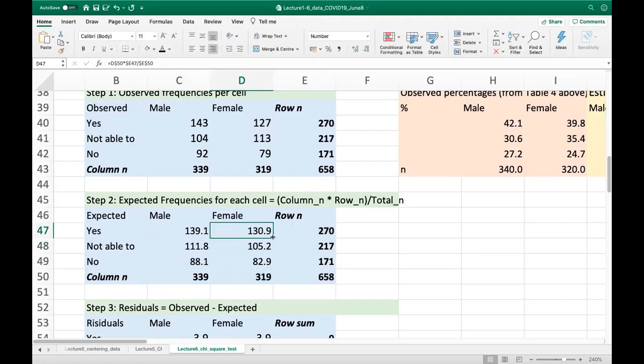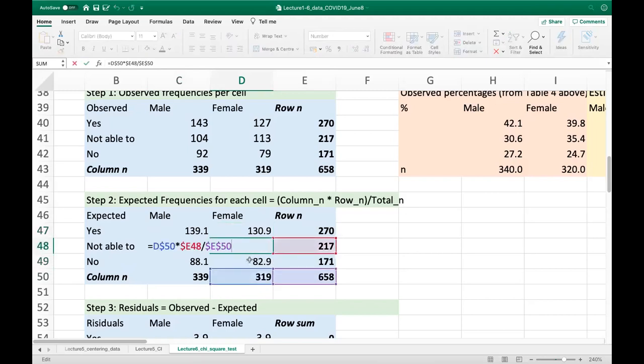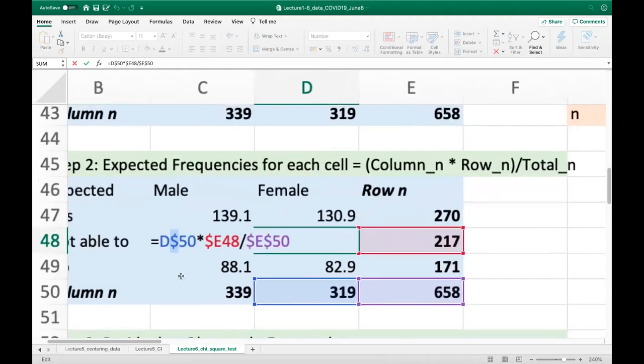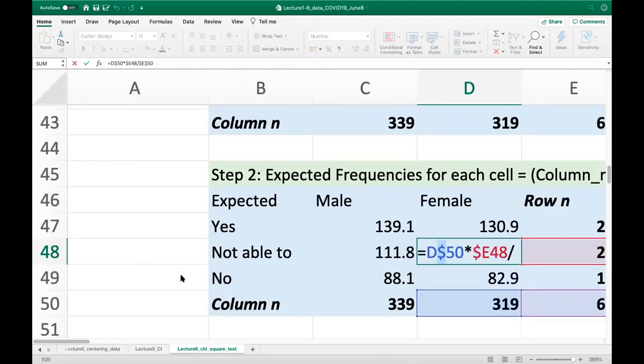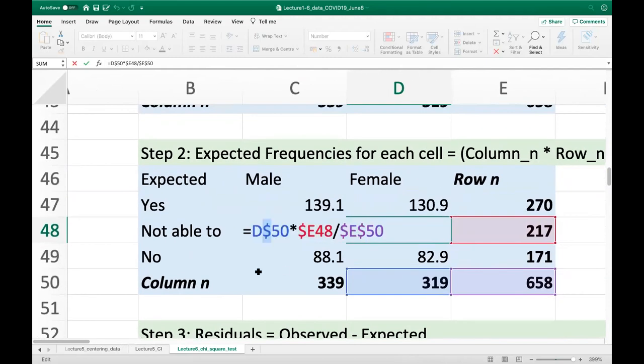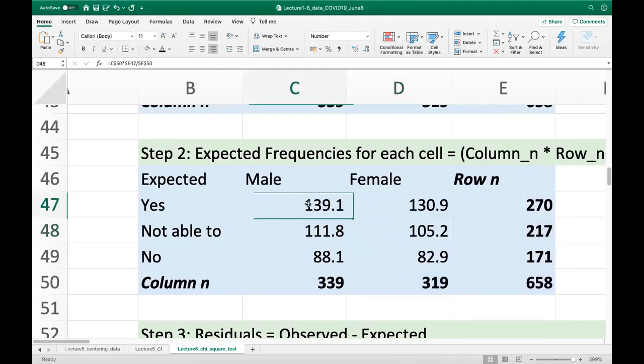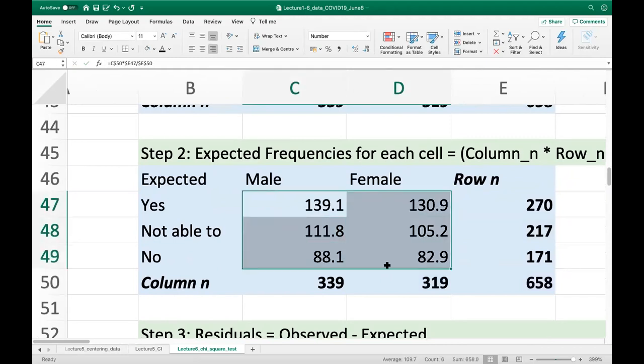So again, if I just drag this formula, the same cells automatically produce the formula, it gives me the right updates. This wouldn't happen if you put a dollar sign or if you removed the dollar sign within those equations. Okay? So that's the second step. These are the expected frequencies.